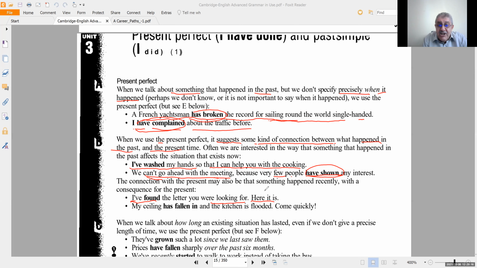Here it is. إذا هناك شخص was looking for a letter. هناك شخص يبحث عن رسالة، يبحث عن شيء ضايع منه. أثناء ما هو يبحث كان هناك شيء يحدث، أنت وجدت هذا الشيء. I found your watch. I found the watch you are looking for. لقيتها للساعة اللي تدور عليها. معنى هناك كان أكشن يمشي وأنت كيف حصل هذا الشيء. فأيضا للتأكيد مش تقول له I found، حتقول له I have found.